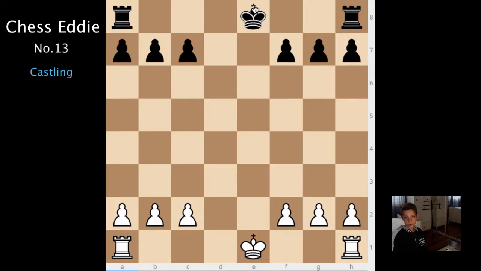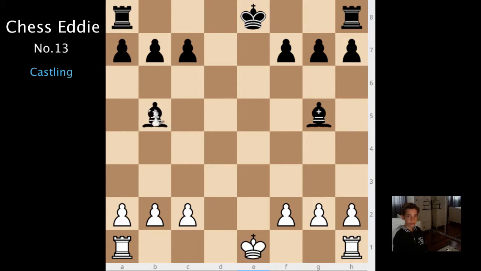For my next example, I'm going to show you an example where you cannot castle. I'll be right back. Okay, I'm back with my second example, the one where I said you can't castle if there's a check or a piece blocking the king or the rook.